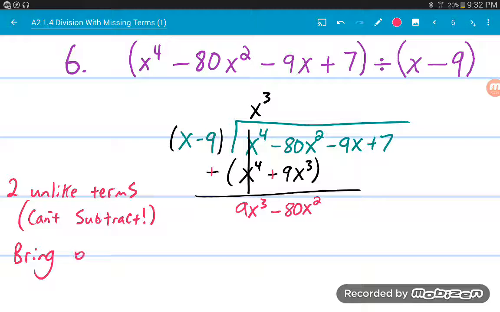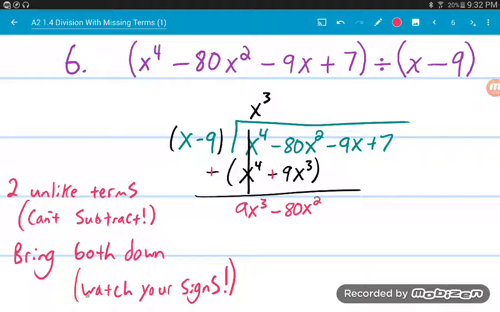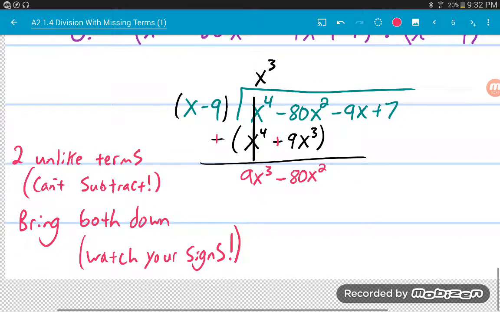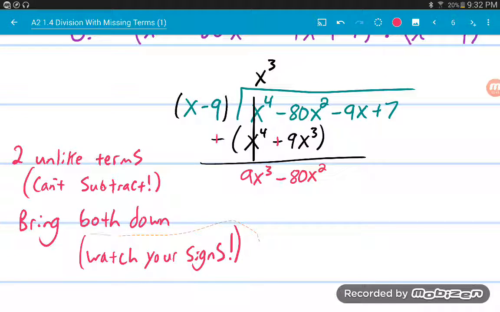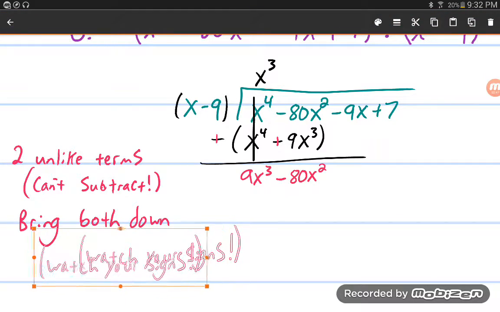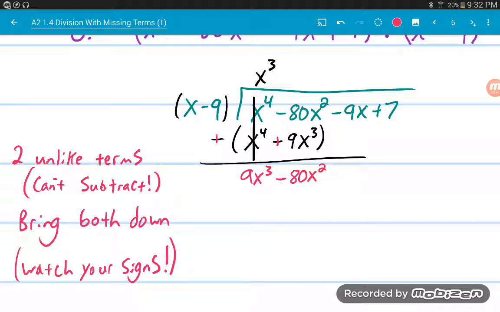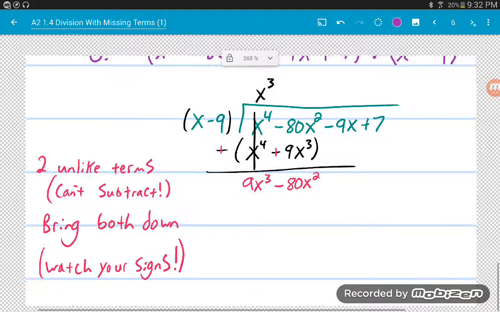All you can do is bring both down and watch your signs. Signs are the one thing that gets people on these more often than anything else. So if you watch your signs, you'll be okay. Let's finish this to make sure that you're okay.